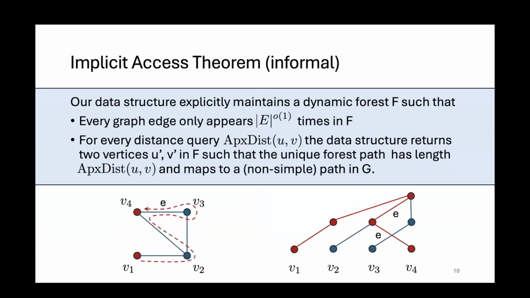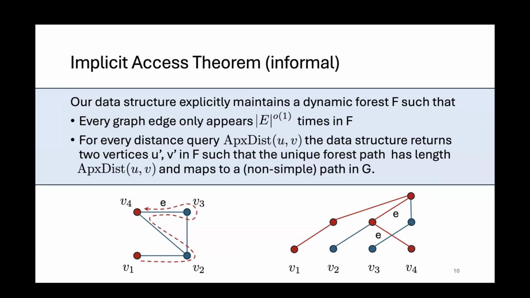The implicit access theorem then informally states that our data structure explicitly maintains a dynamic forest F, such that every graph edge only appears subpolynomial times in F, or phrased differently, if we map the forest edges back to the graph, the congestion is at most a subpolynomial factor.